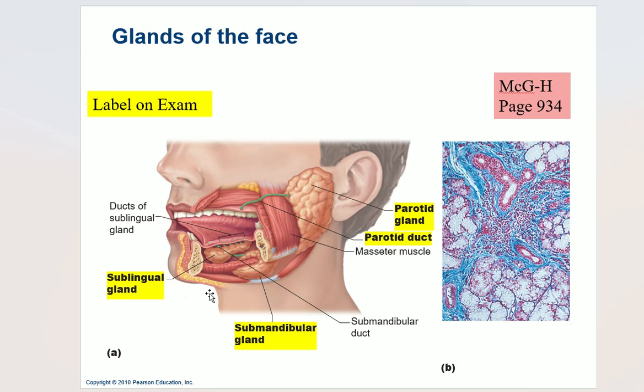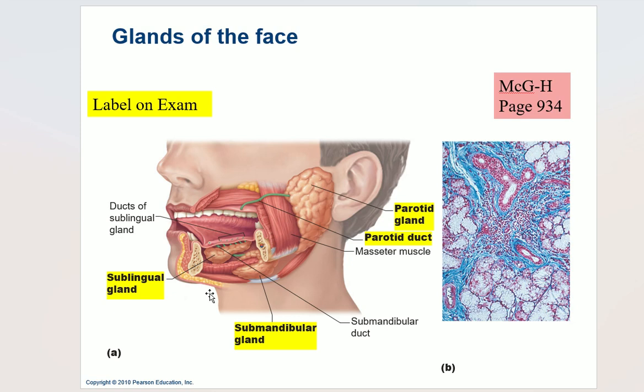Everybody's done it. If you say you haven't, you're not telling the truth, because everybody has accidentally done this at this point of life. But yeah, if your sublingual gland gets too full, you will squirt saliva from under your tongue unintentionally.